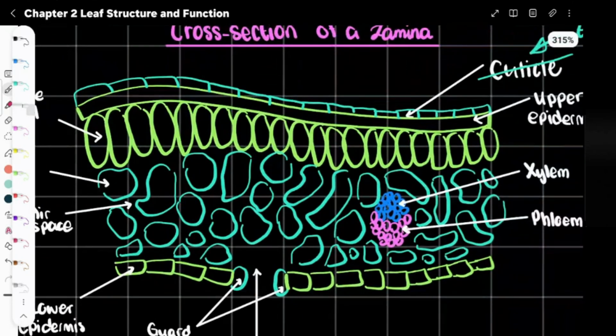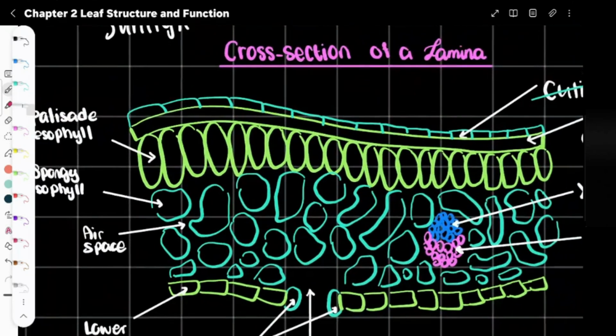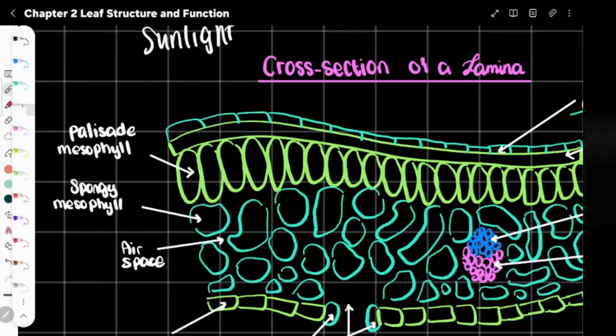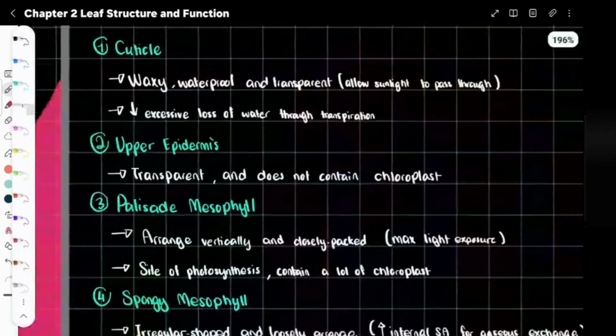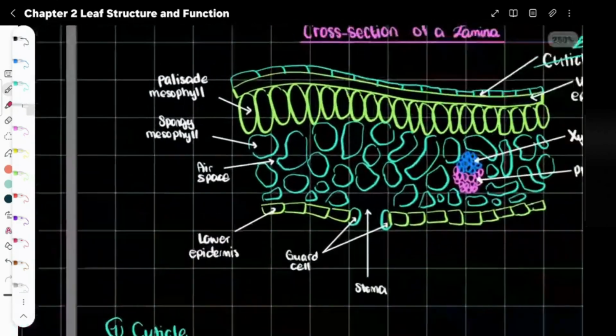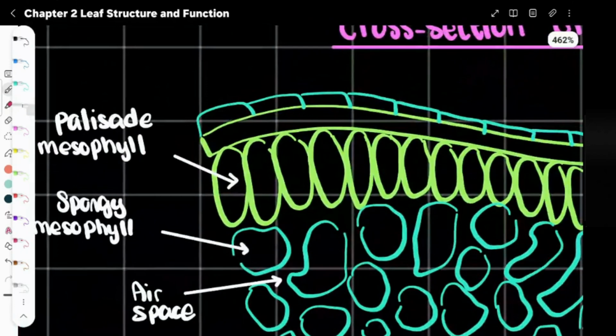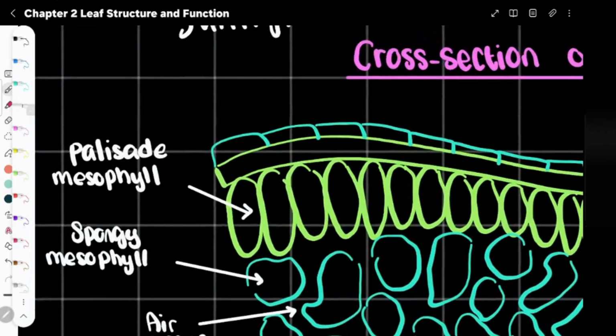First of all, it is closely packed. The palisade mesophyll is closely packed. That is the keyword here. And second of all, it is arranged vertically. Look, it's actually like a long thing here. It didn't arrange like this, it arranged like this.